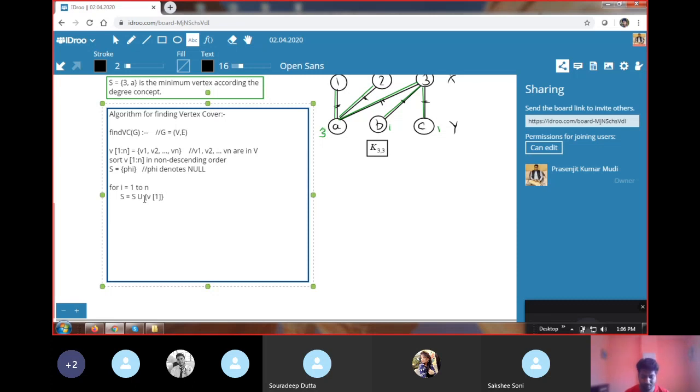And then you check, you call a function, say edge left, where you pass the vertex set V and edge set E. This function checks if there is any edge left.